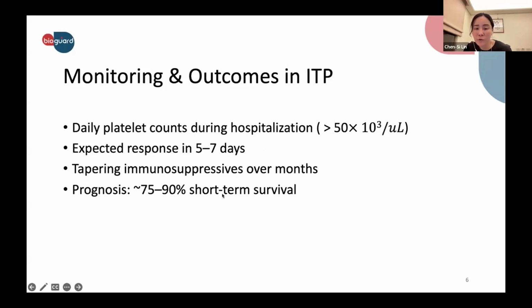For short-term survival, meaning the case could go to discharge, around 70 to 90 percent of cases will have a good prognosis, but most deaths occur early from catastrophic bleeding or complications. After treatment and discharge, sometimes relapse can happen.